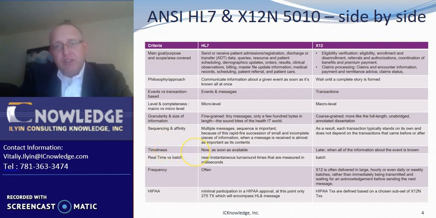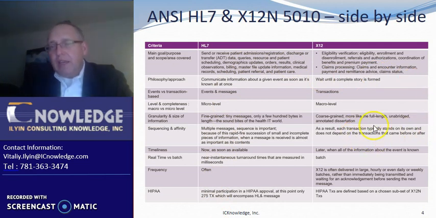Sequence and affinity: HL7 is very rapid, and the sequence is very important because, for example, even if you look at ADT, you want to know about the transfer before the discharge, right? So the sequence is very important. With X12, you get the full story, so the sequence is already embedded, burned into the transaction. So timeliness: HL7 is right now, as soon as it's available.